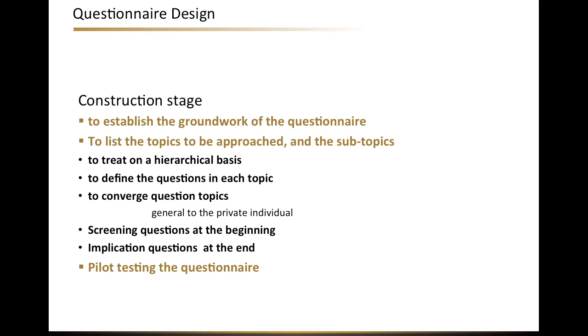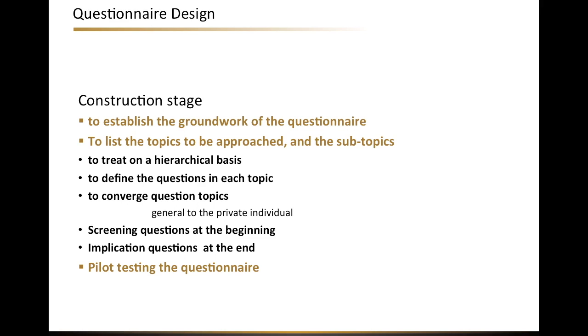And so you start designing your questionnaire, and you're looking at what's already known in the literature, what key points you don't need to test or evaluate, and you put down a list of the topics that you're going to approach or evaluate in your survey and the subtopics from within those. So importantly, you want to treat them on a hierarchical basis.